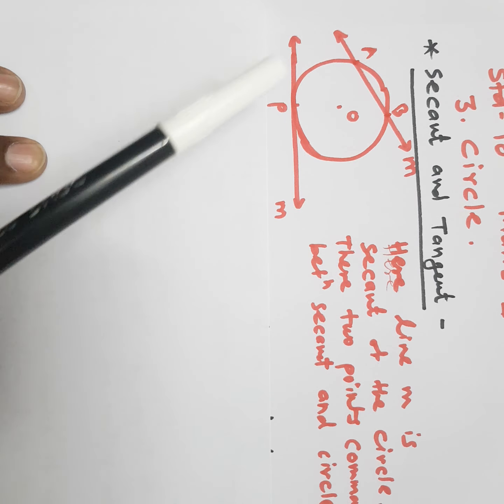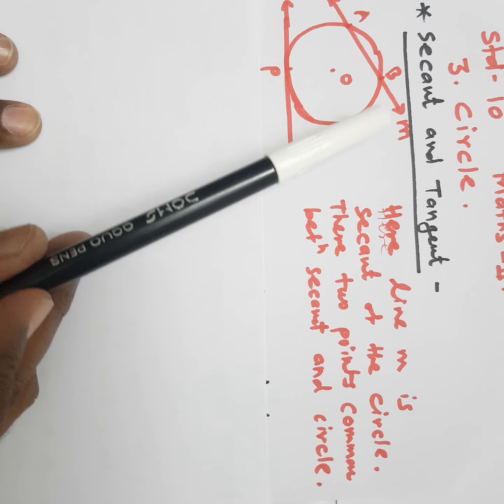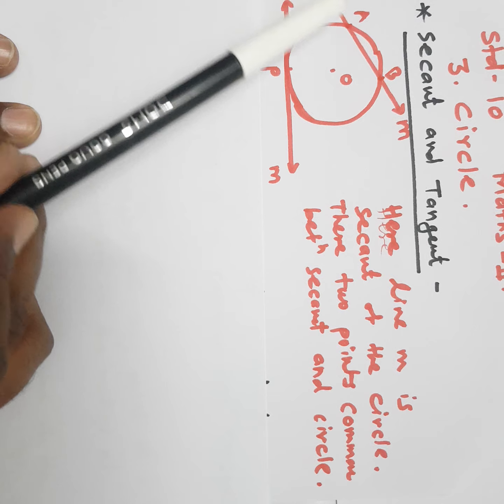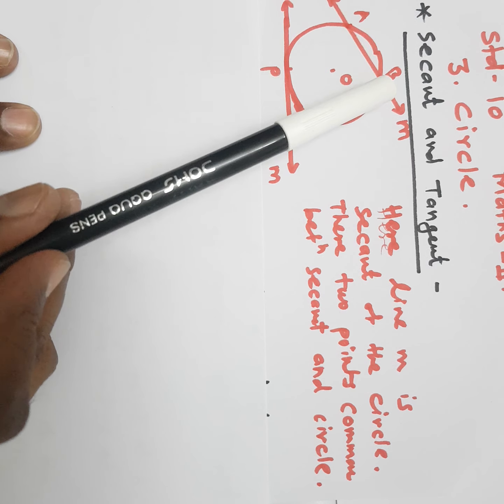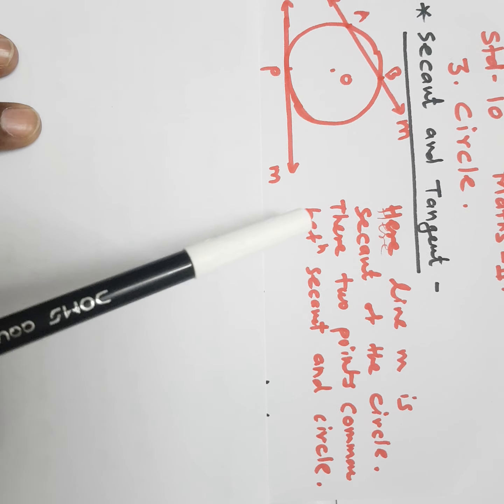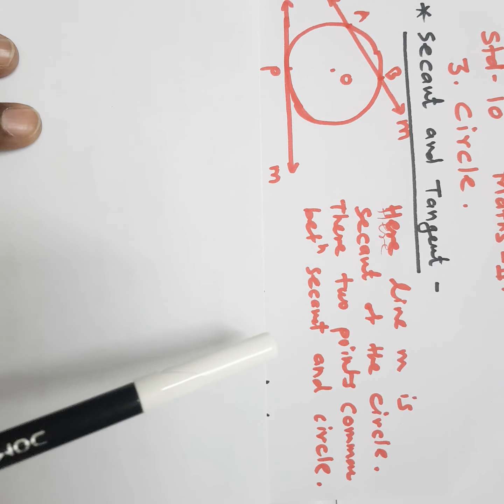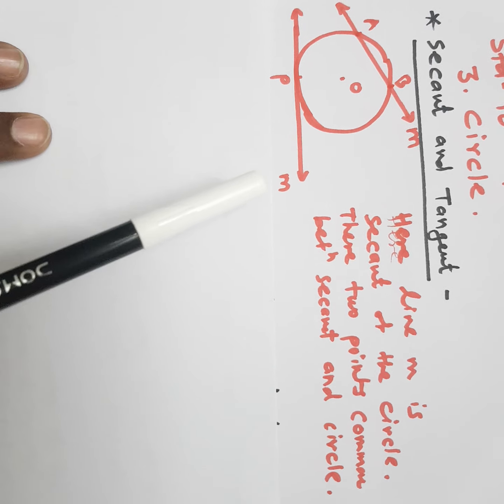Here in the figure, line L is the secant of the circle. Line L intersects the circle in two different points, A and B. That means there are 2 points common between the secant and the circle.